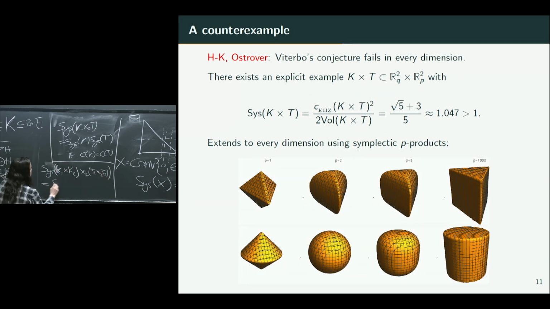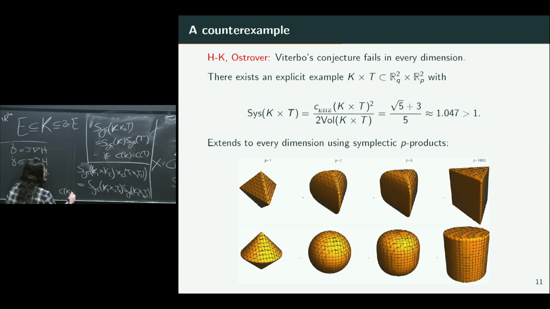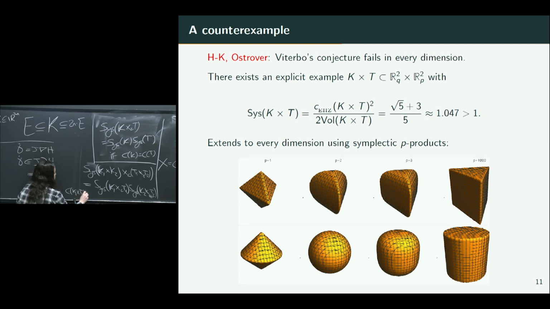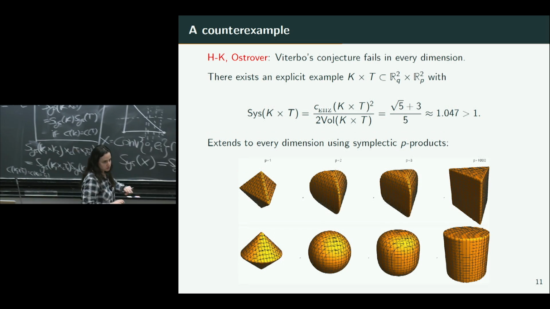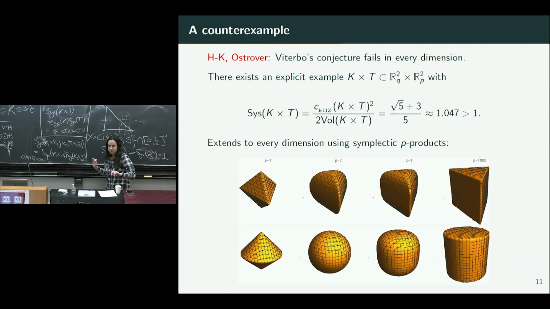And that would be equal to the product of the systolic ratios of the two domains. Lagrangian, yeah? And again, under the assumption that their capacities are equal. Okay, so this way you can get a counterexample in every dimension in two different ways.